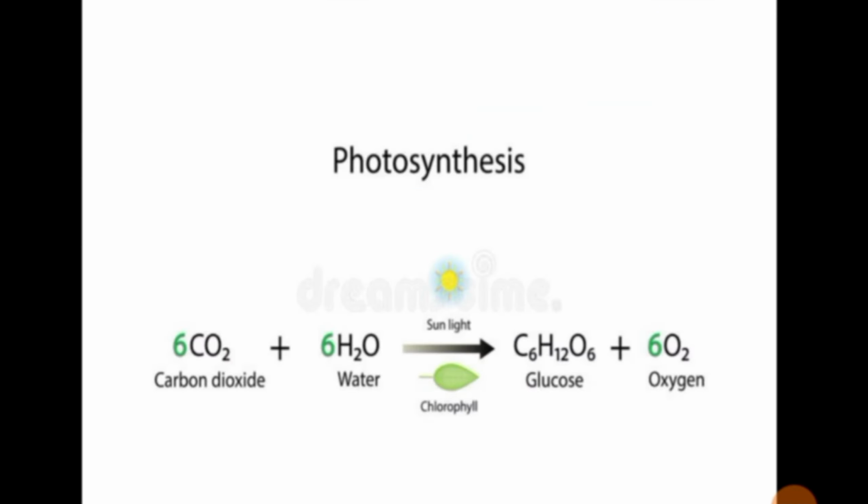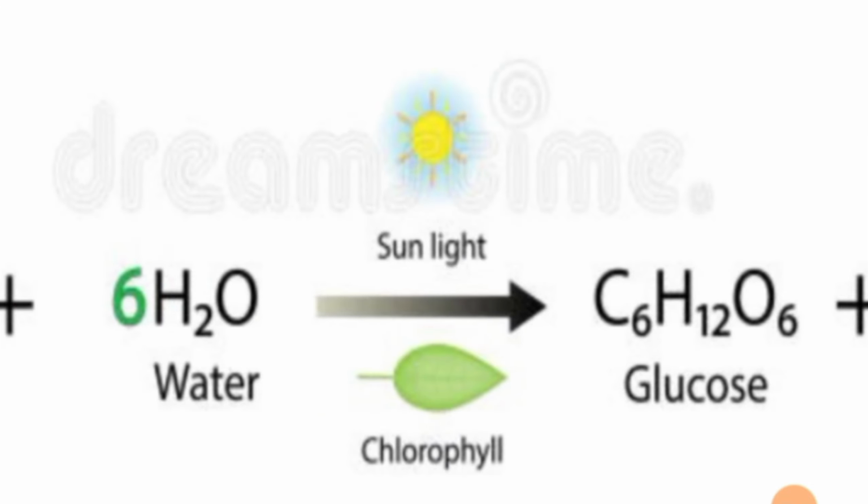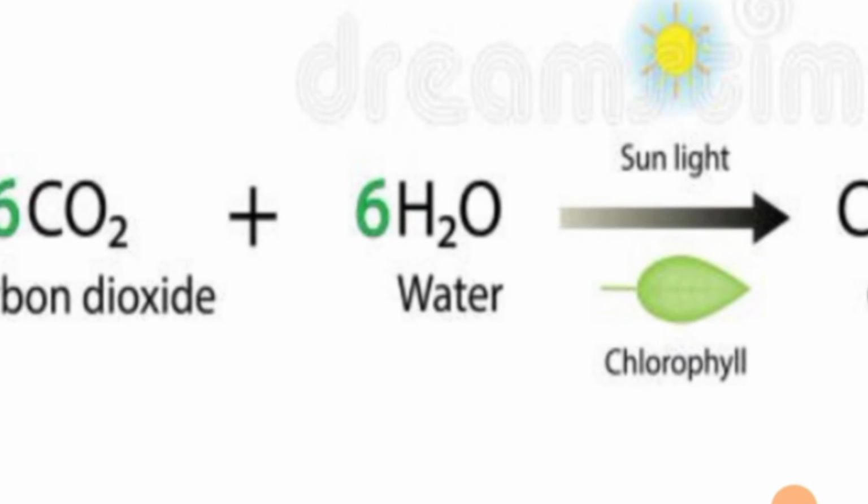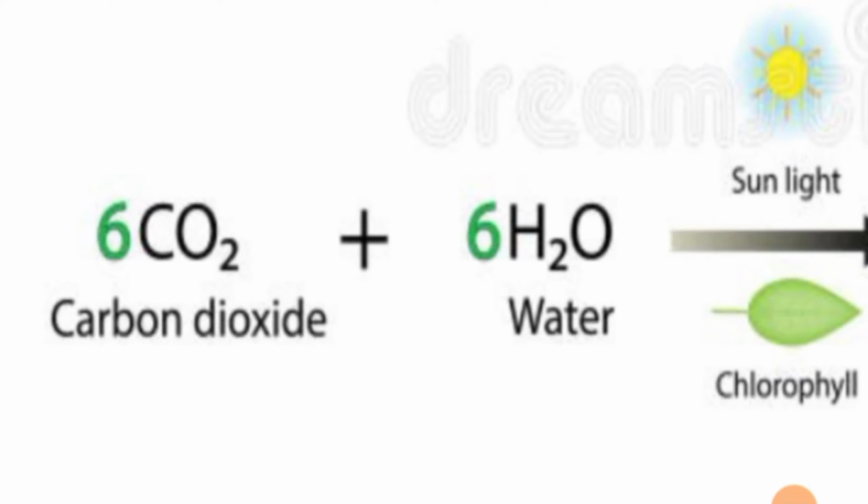Now, photosynthesis has a chemical equation, a represented chemical equation that is valid everywhere. All right. Now remember, we said the four major factors are sunlight, chlorophyll, water, and carbon dioxide. Okay, so these are the four major requirements in photosynthesis.